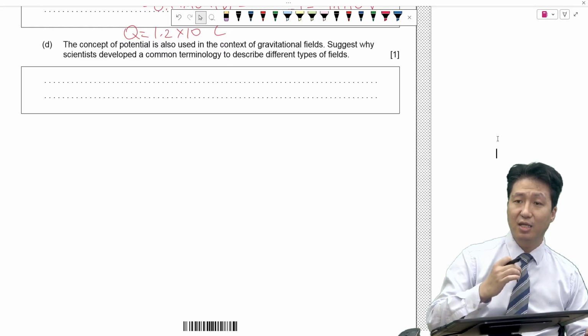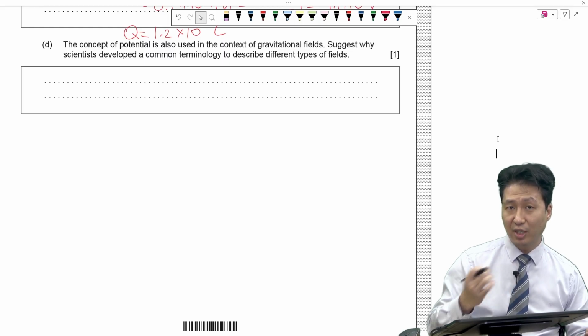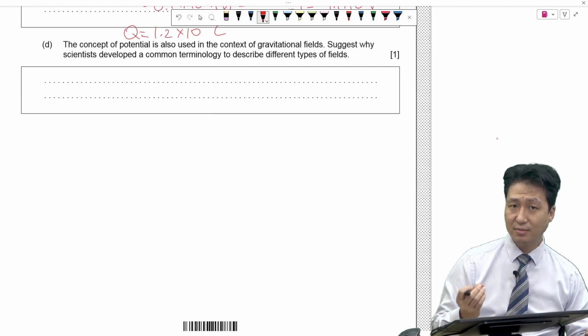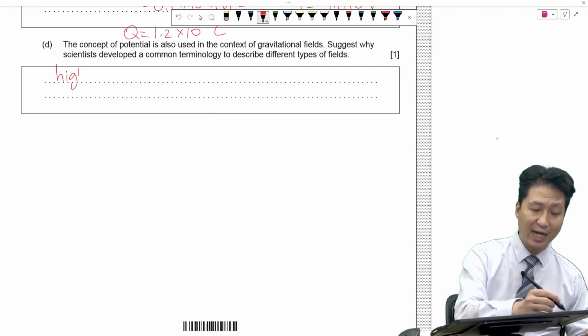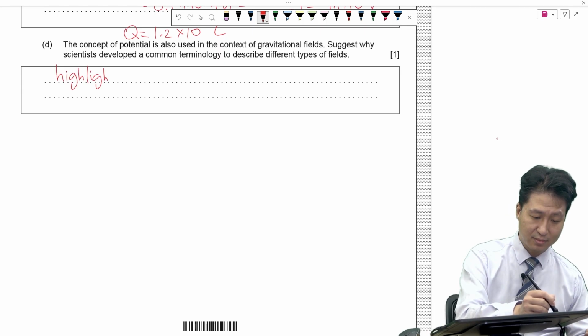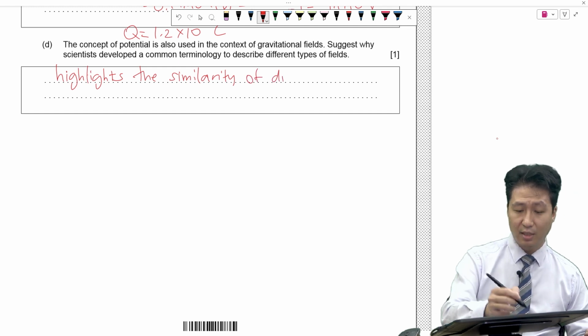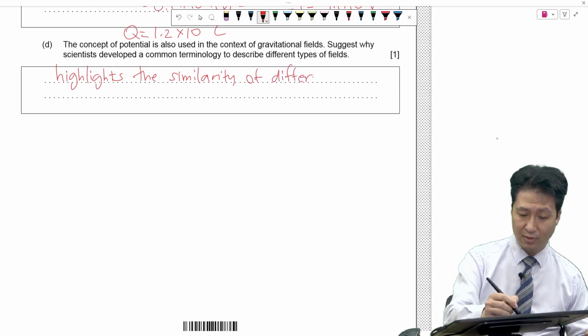What I mean is they're both used to find the potential energy. And if you have the potential difference, you can find the work done. Using the same word highlights the similarities of these different fields.